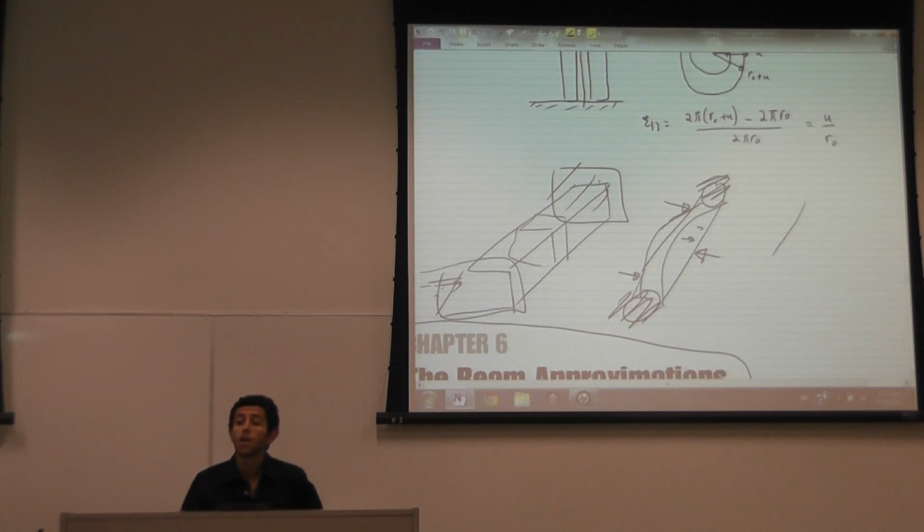How about axisymmetry? Examples of axisymmetry.